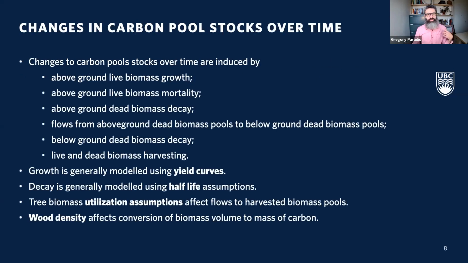So the changes in carbon pool stocks over time are a function of above ground biomass growth, trees growing; above ground live biomass mortality, trees dying; and above ground dead biomass decay. The trees just decompose if they're standing dead or fallen dead.